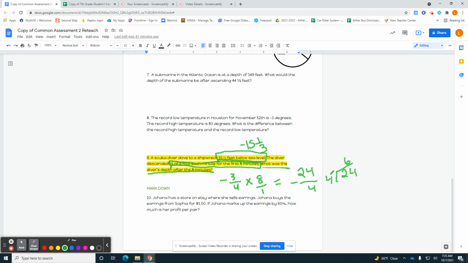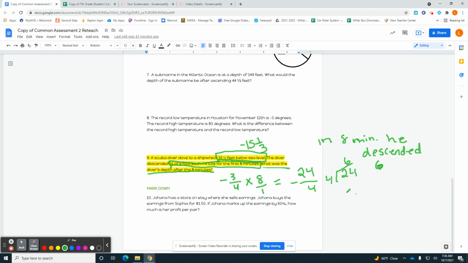Okay, so he descended a negative 6 feet, right? So let me put that. In 8 minutes, he descended 6 feet. I don't have to say negative because we know descended is a negative.